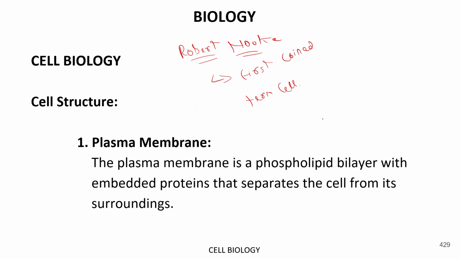But remember one thing, he only discovered the cell wall. So basically you can say Robert Hooke was the first person who saw the cell, and he also gave the name cell. But remember the second thing, that he was not able to find out the entire cell. He was only able to discover the cell wall.